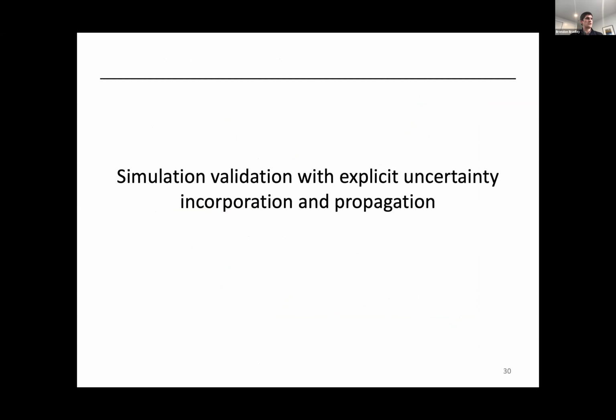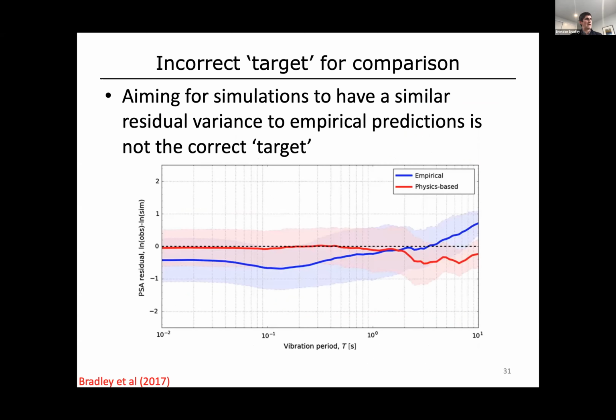The last thing I want to touch on very quickly is the explicit consideration of uncertainty in ground motion simulations, and really this idea that for ground motion simulations to be used in seismic hazard analysis, we need to explicitly account for that uncertainty. Simply looking at the standard deviation of residuals, such as what we're looking at in this plot, is really just telling us how much we're misfitting the observations when we have a single simulation, but it's not actually propagating uncertainty in the simulation itself.